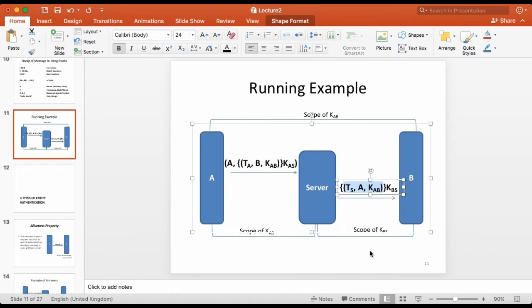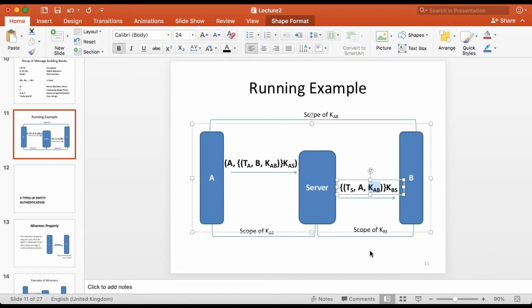Bob will then see that this is the server telling Bob that Alice would like to communicate in the future with Bob using this particular key KAB.